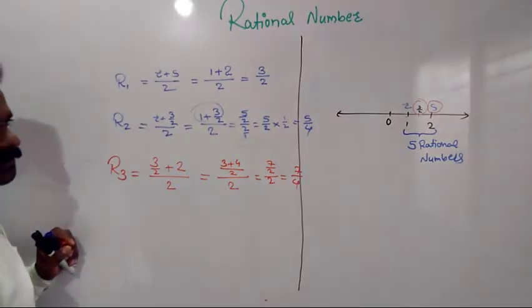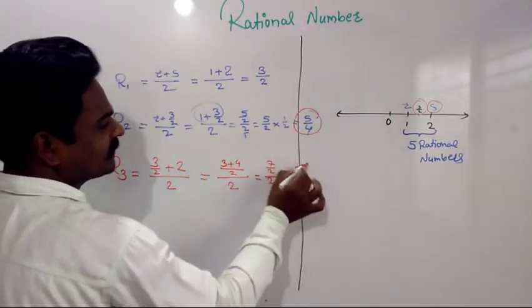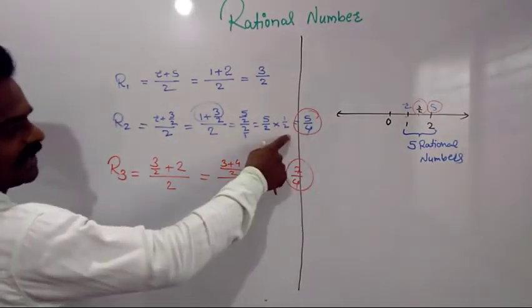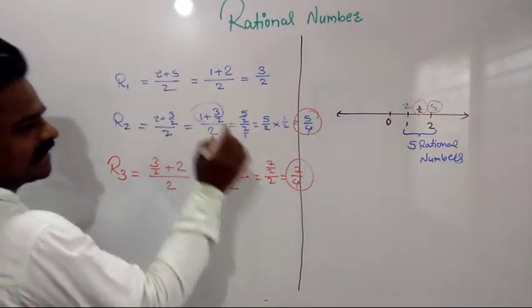So 5 by 4 is the number in between 1 and 3 by 2.